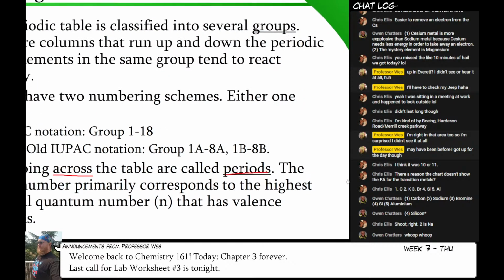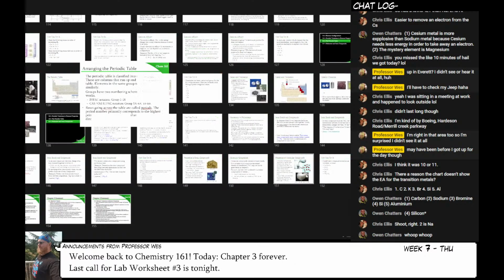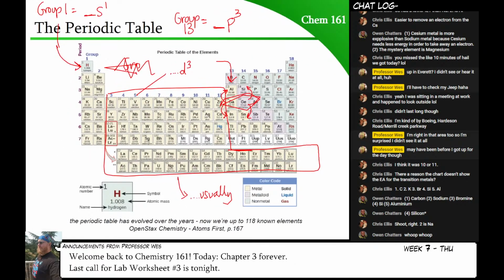So if I go back to the periodic table here, everything in row 5 has n equals 5 as its valence layer. Everything in row 3, n equals 3 is the valence. So there is absolutely a method to this madness, and now you know it.